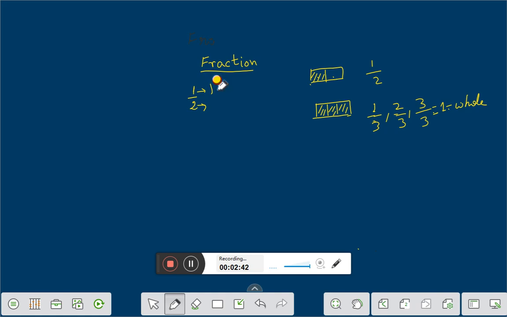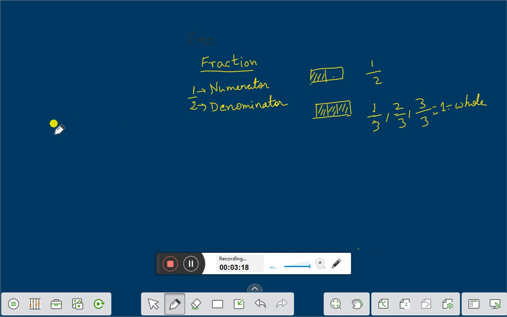This is numerator, and this is denominator. In this way, we can define fraction.